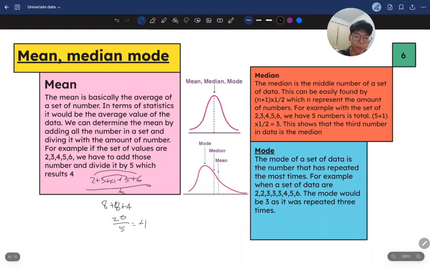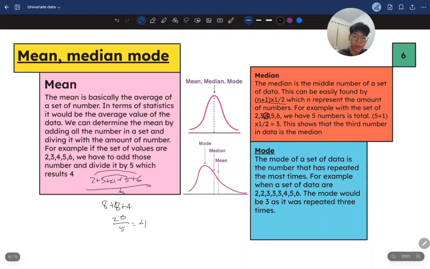So we do (5 plus 1) times 1 over 2, which is 3. This shows that the third number in the data is the median. It's so simple. What's in the middle? 4. You can use the formula when there are so many numbers, but most of the time, you can just directly see it. What's the most middle one?